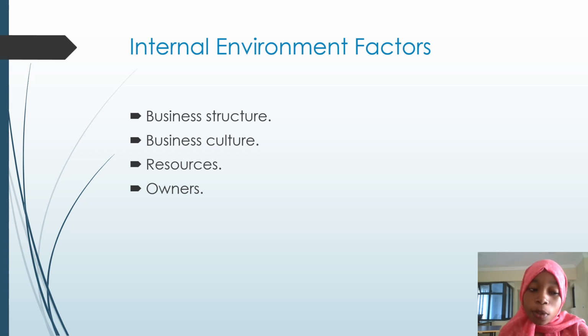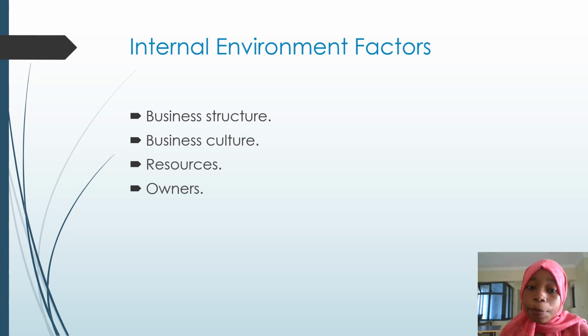What is the culture of people? What type of good are you able to produce so that people are able to consume? You need to consider the culture of the employees and the customers. Resources: these are things used to achieve an objective of an organization. For example, the human resource, financial resource, physical resource, technology.